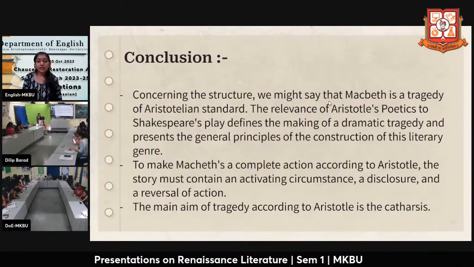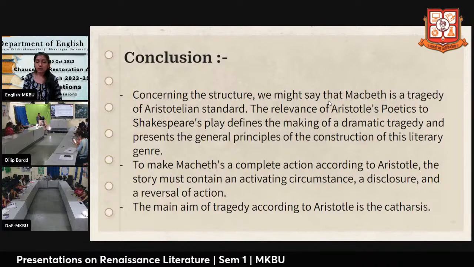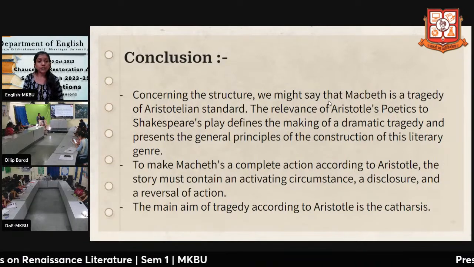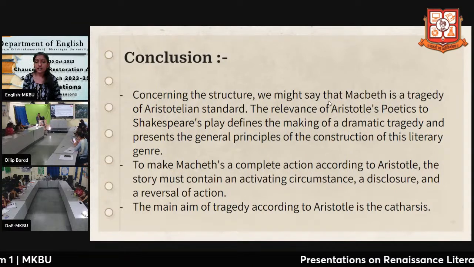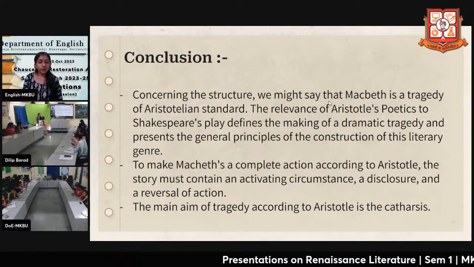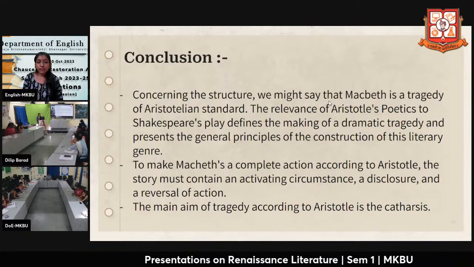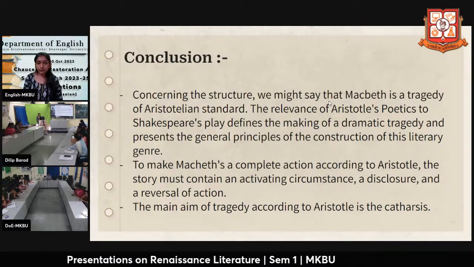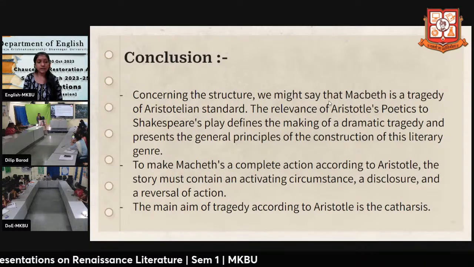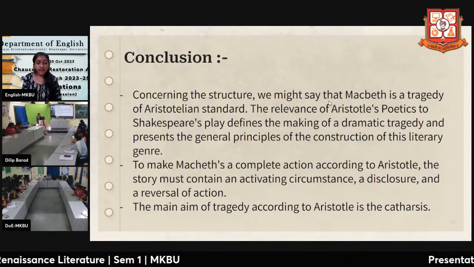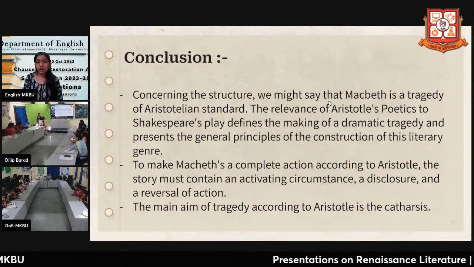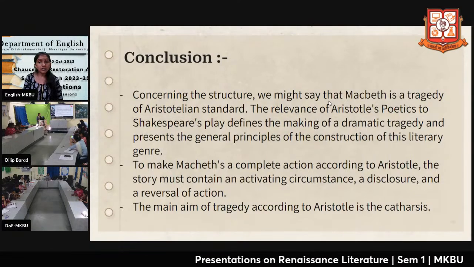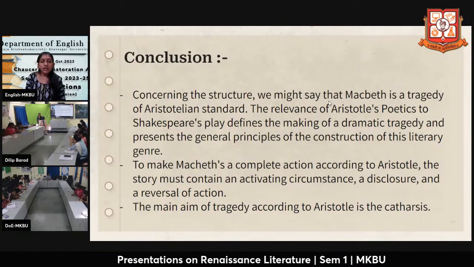Conclusion. We might say that Macbeth is a tragedy of Aristotelian standard. The relevance of Aristotle's Poetics to Shakespeare's play defines the making of dramatic tragedy, and presents the general principles of the construction of this literary genre.